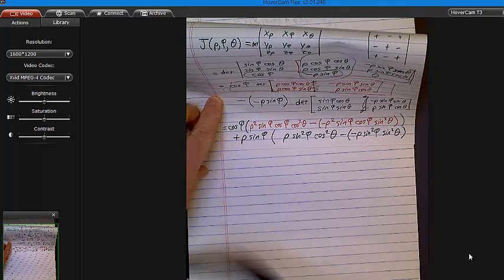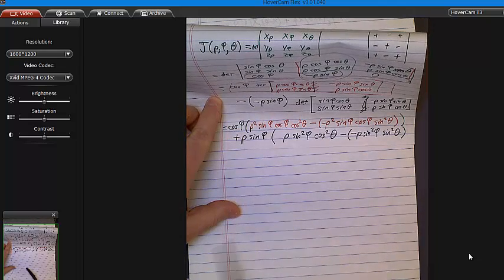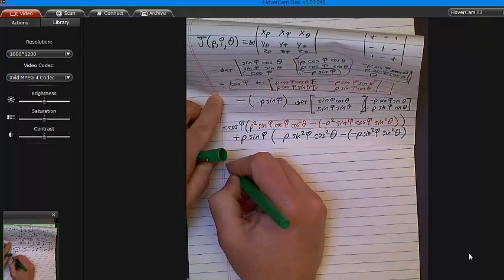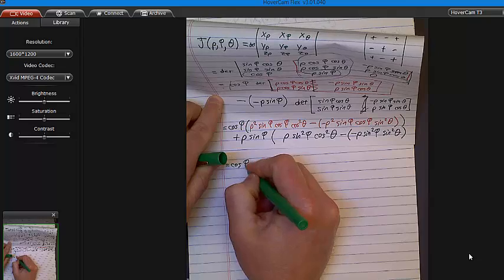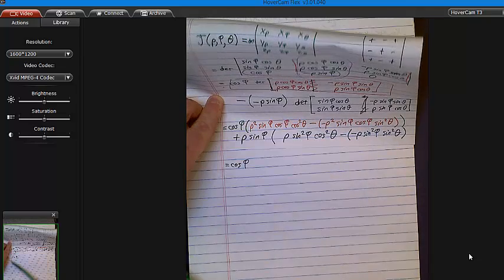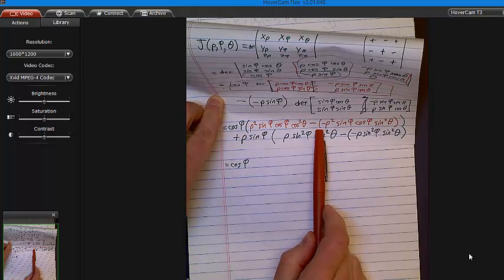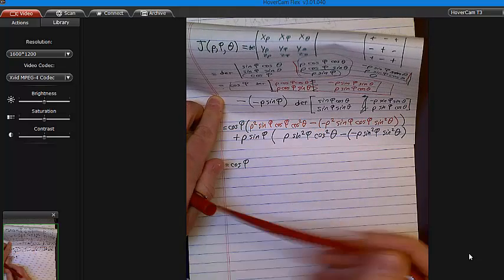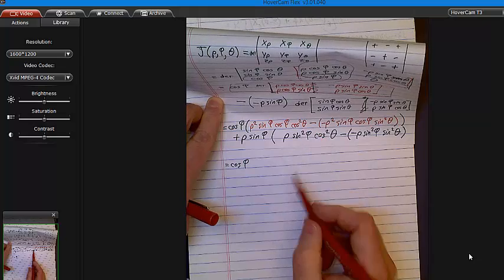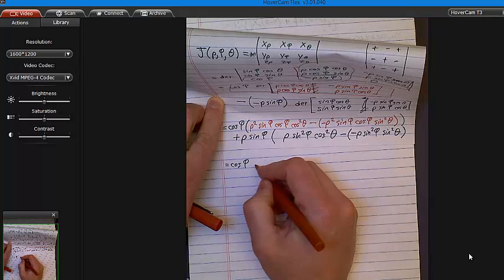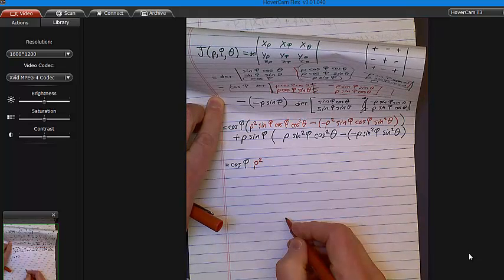So, continuing this mess, right? I guess I have cosine phi times all this stuff. Now, you'll notice, though, the minus minus, of course, is going to become what? Positive. And then I'm going to factor out all the common factors I see. Like I see rho squared, right?